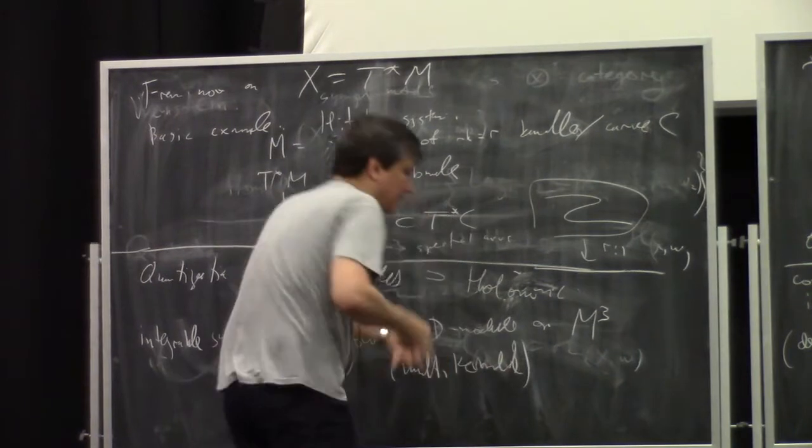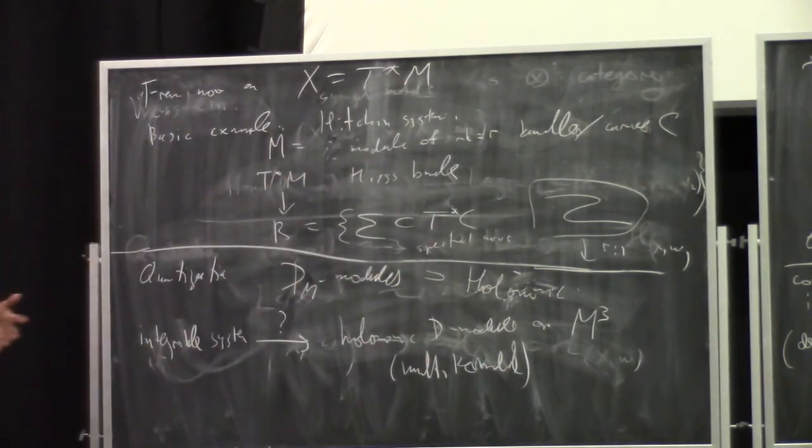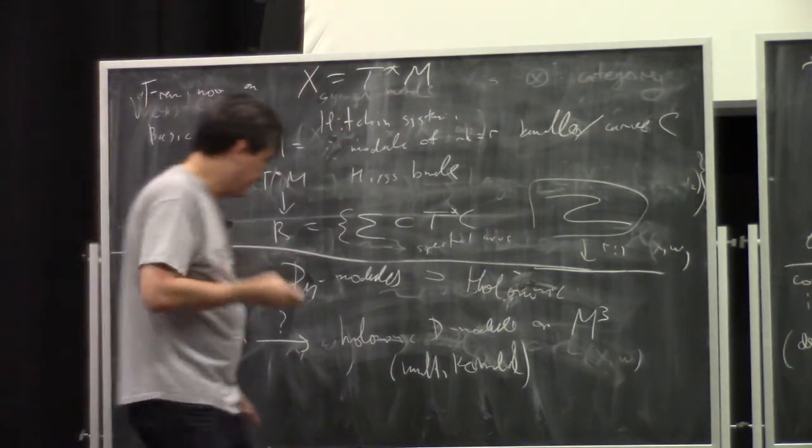Because this holonomic module can be thought of as a kind of algebraization of the notion of some nice function, nice equations. I will show you examples of this module.